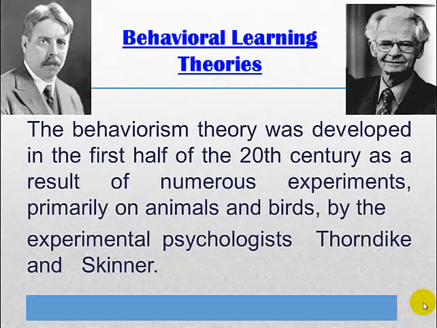First one, we are talking about behavior learning theory. Behaviorism theory, or behavior learning theory, was developed in the first half of the 20th century as a result of numerous experiments, primarily on animals and birds, by experimental psychologists Thorndike and Skinner. As we see here, on the left is Thorndike, and the other one is Skinner.